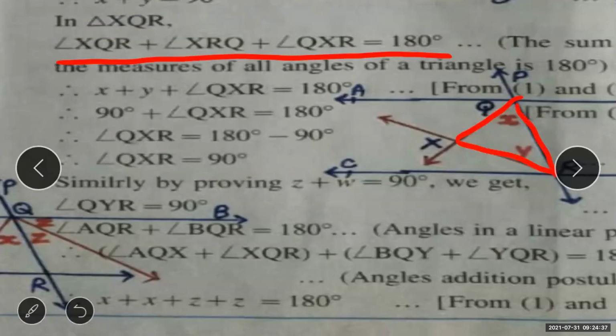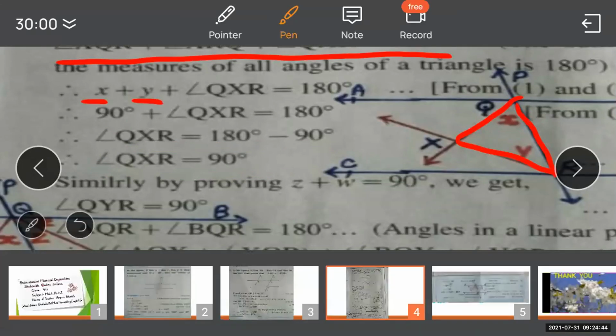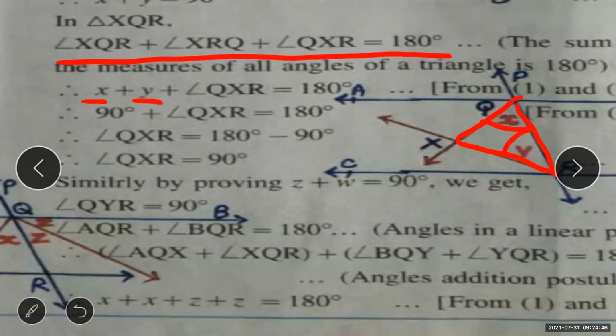Likewise, in the second condition, we have to take this triangle. Write that the three angles of the triangle measure 180 degrees. Then after that write the value of each one. This is x and this is y, as seen easily in the diagram. Here the measurement is not given, we don't know it, so that stays the same.